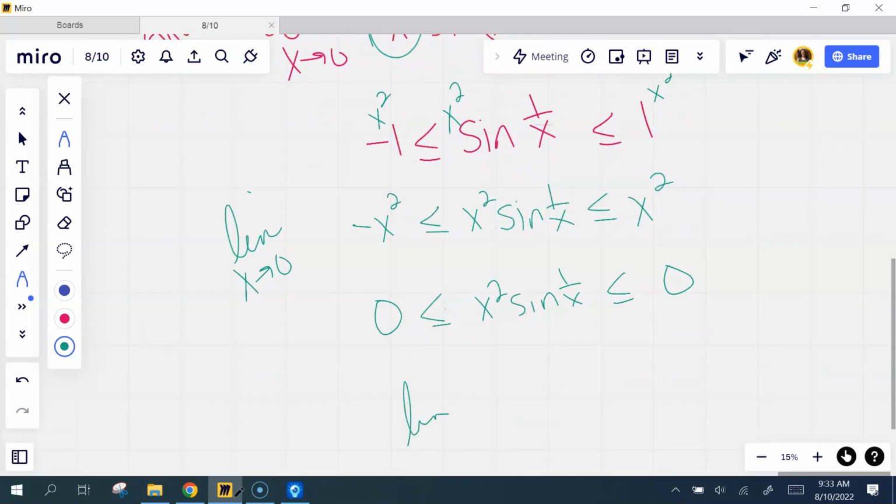So the limit as x approaches 0 of x squared sine 1 over x is 0 by the squeeze theorem. Well, if this value is between 0 and 0, less than or equal to, because it's or equal to, that means the only thing this could be was 0 to make that true.